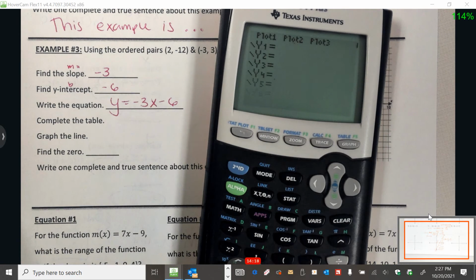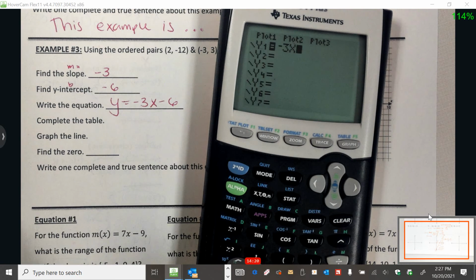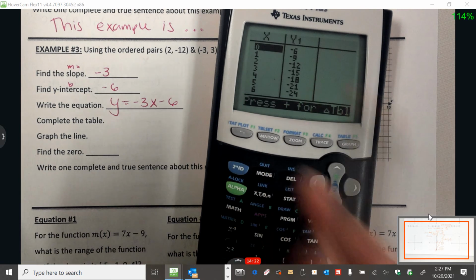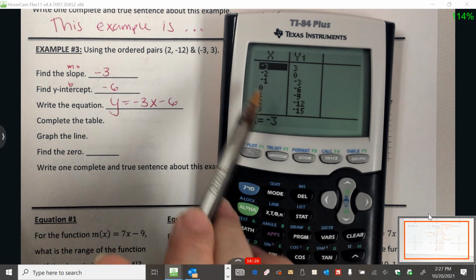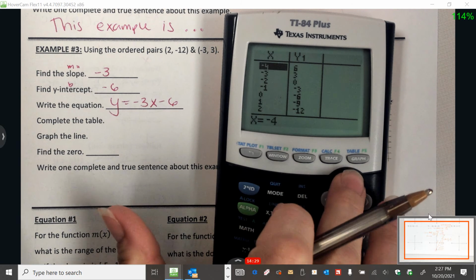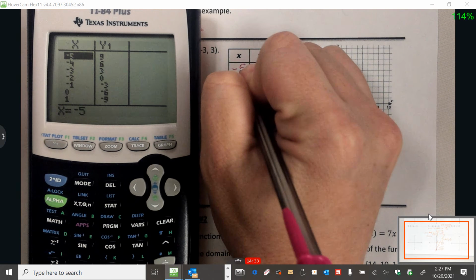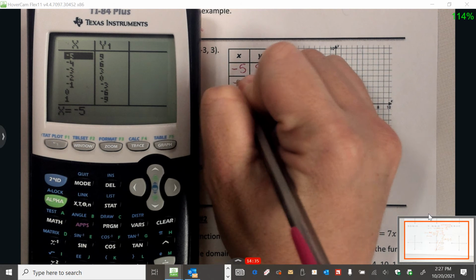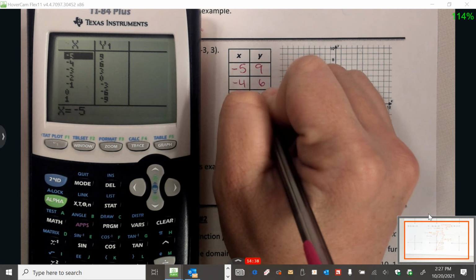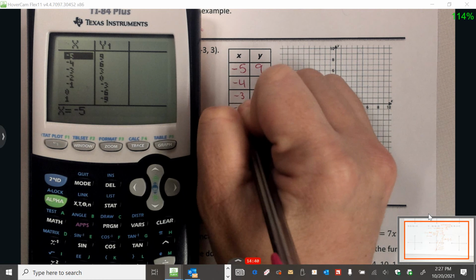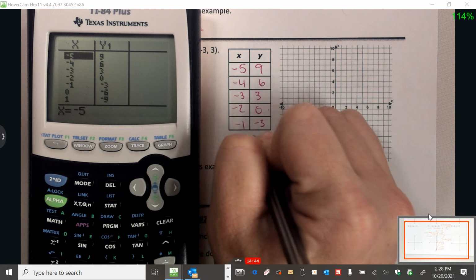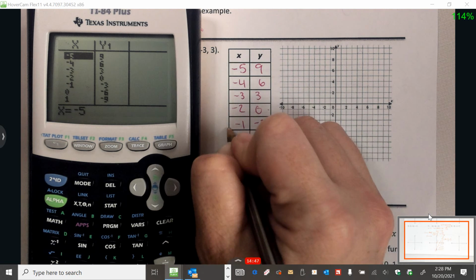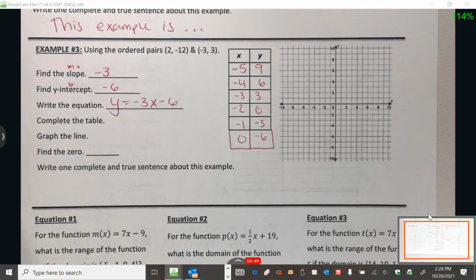And now I can come here, negative 3x minus 6, and I can double check. Does it have the point negative 3, 3? Yes. Does it have the point 2, negative 12? Yes. So I went ahead and threw in my other intercept so I can see it.